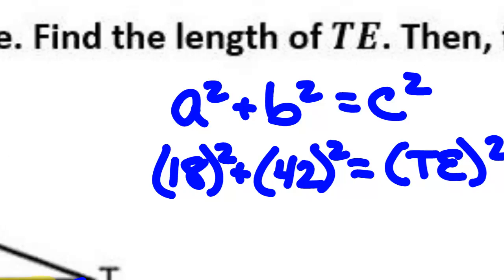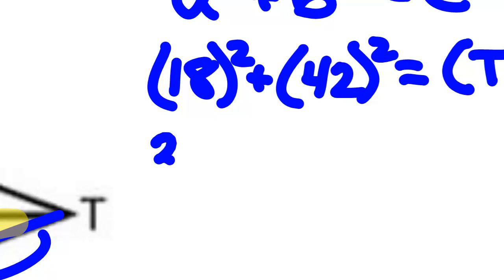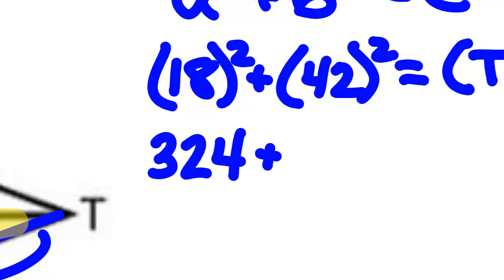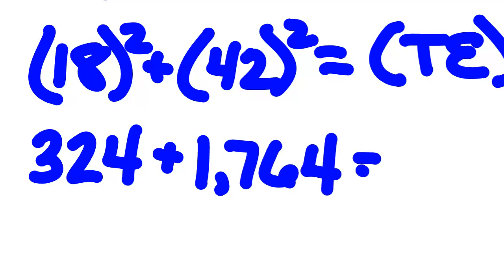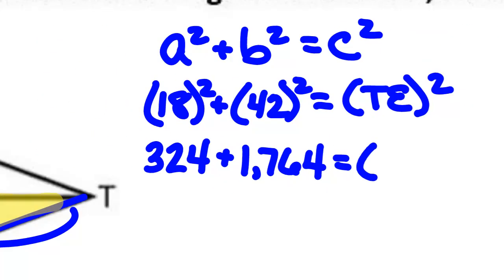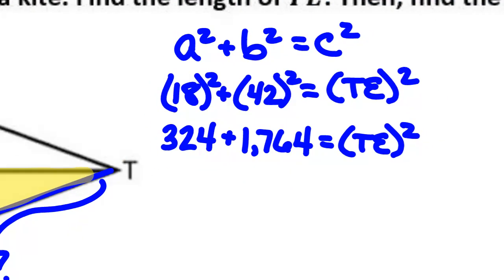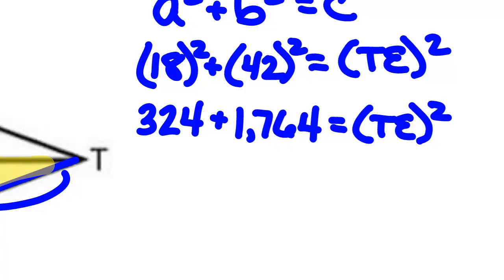18 squared is 324. 42 squared is 1,764. So then we add 324 and 1764 together.